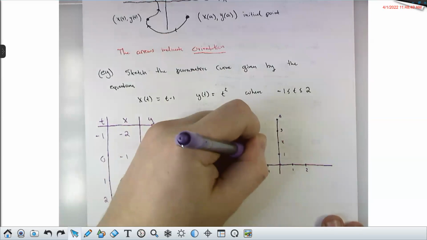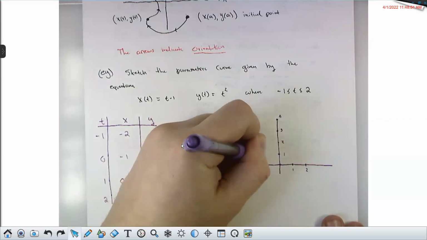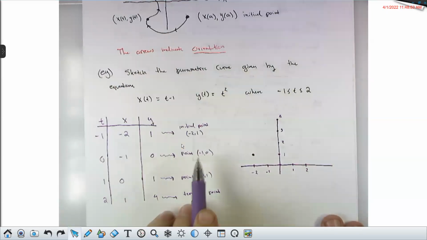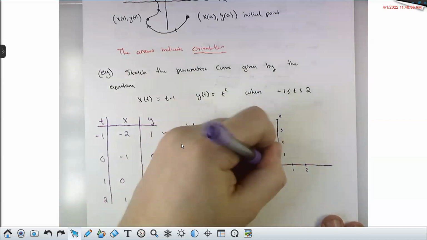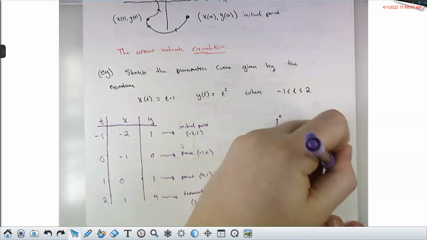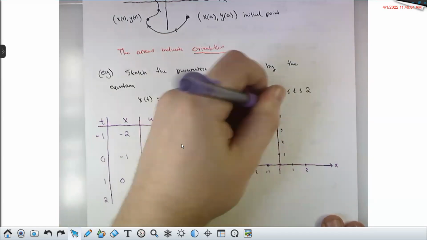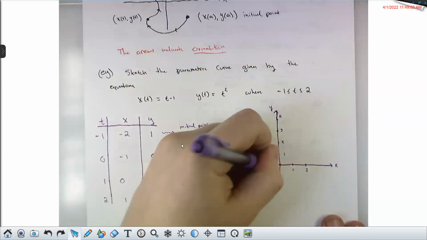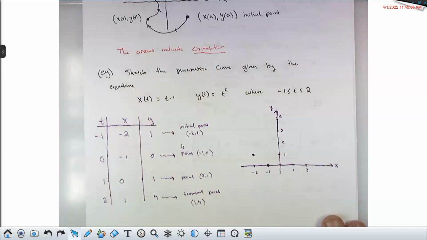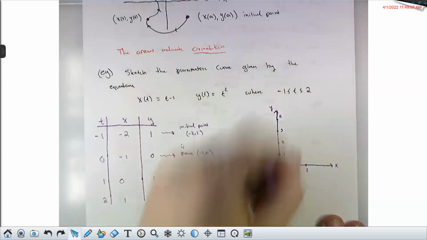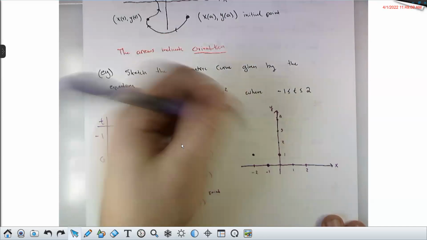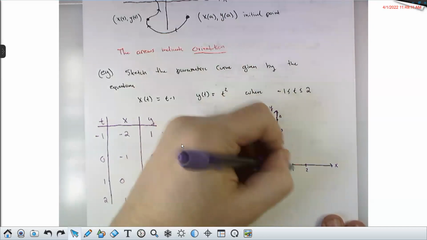It's right here. I've got now the point (-1, 0). That's right here. And this is my x-axis. This is my y-axis. So (-1, 0) is right here. The point (0, 1). And the point (1, 4).